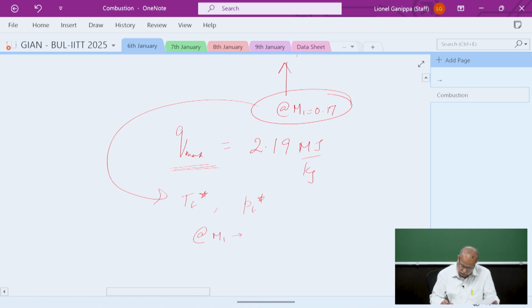At M1, find TT1 by TT star and PT1 by PT star. We have already found the values for PT1 and TT1, so you can find PT star and TT star.